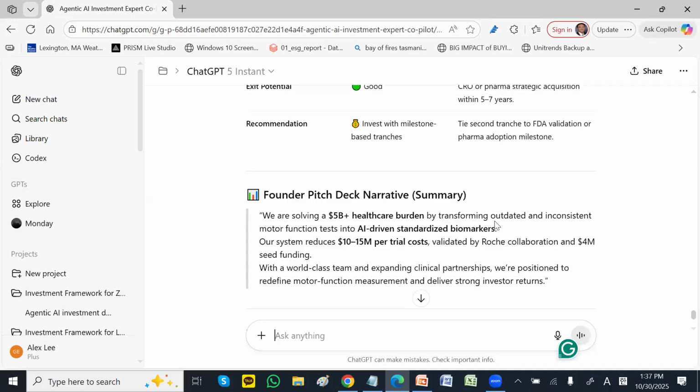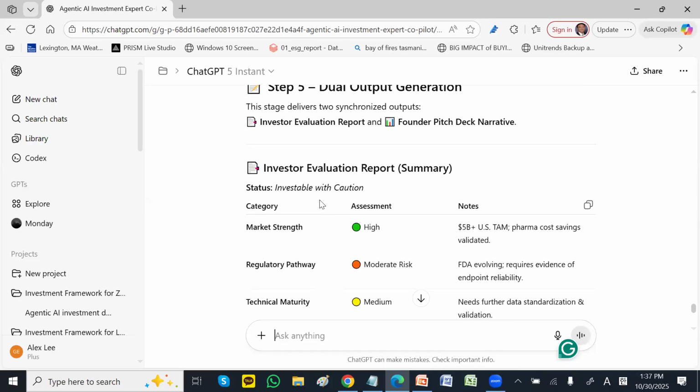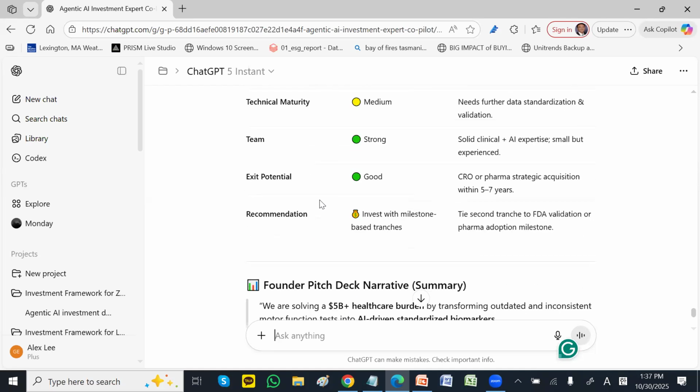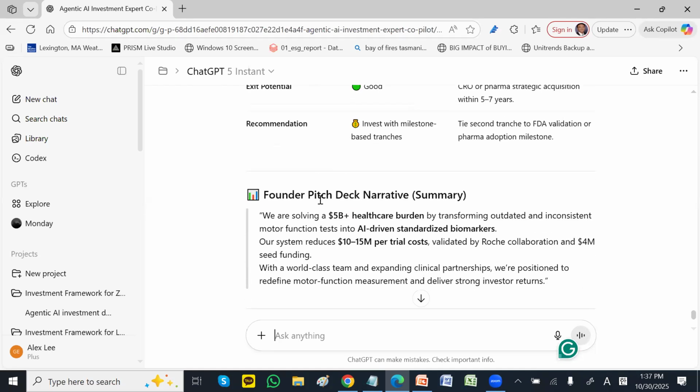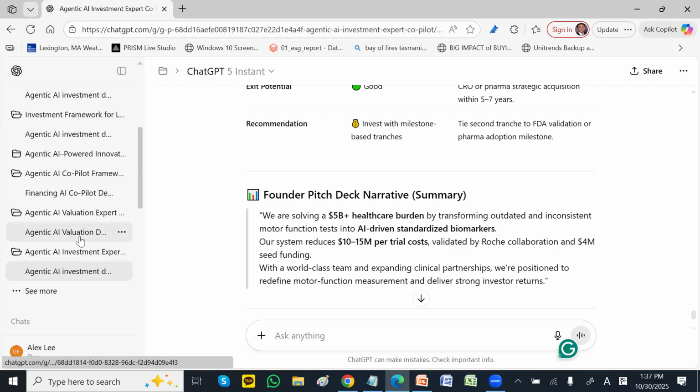Then it gives you the investor evaluation report, and through this you reiterate your pitch deck. Okay, then I will show you about the valuation, right?